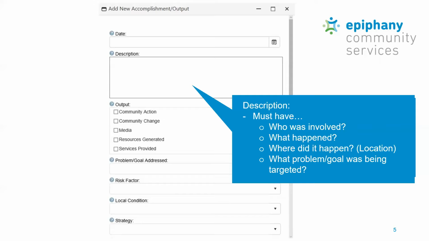After that, the who was involved and the what problem goal was being targeted is going to round out our description, hopefully. So who was involved might be already included in what happened. If you said had a meeting with the school board to discuss a new training for the youth, obviously that covers what happened. It also includes who was involved, right?